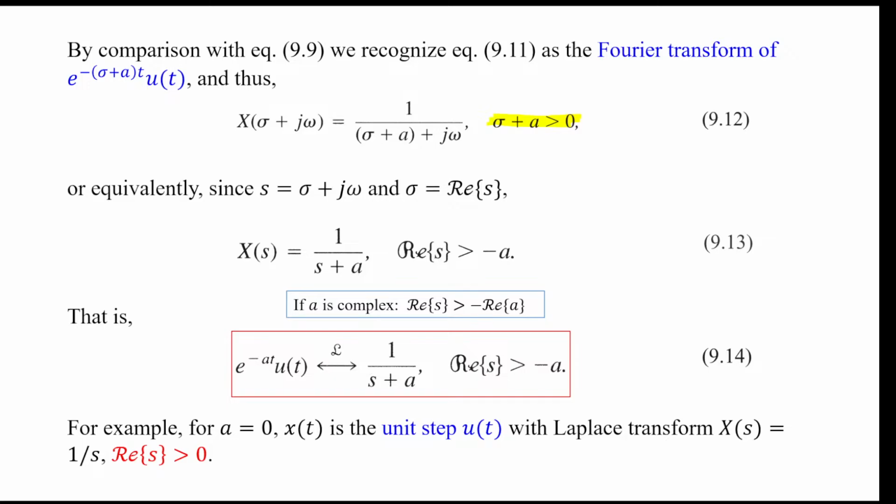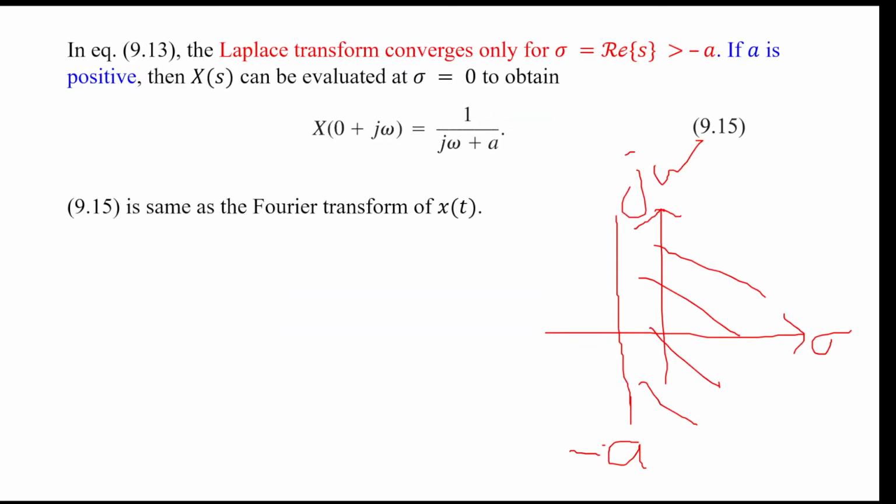Okay, so maybe let's draw it here. When a is less than 0, our pole is at negative a, which is actually positive, and our ROC will be the right side of negative a, so the ROC doesn't include your imaginary axis, but you still have the Laplace transform.